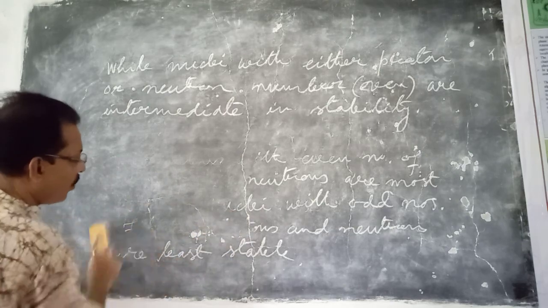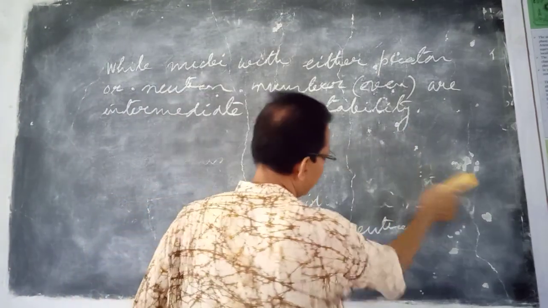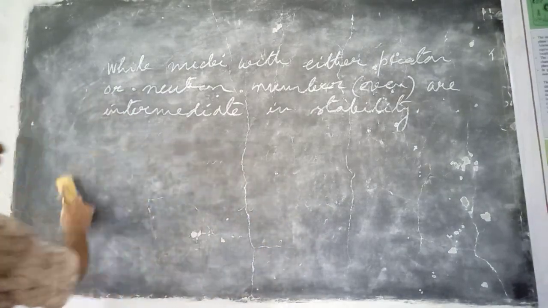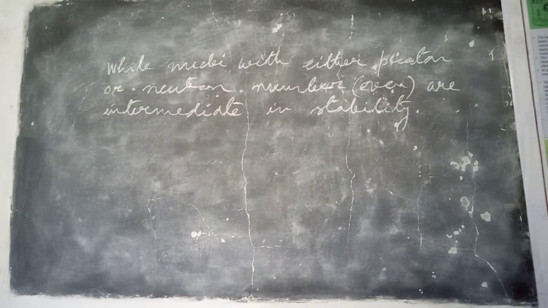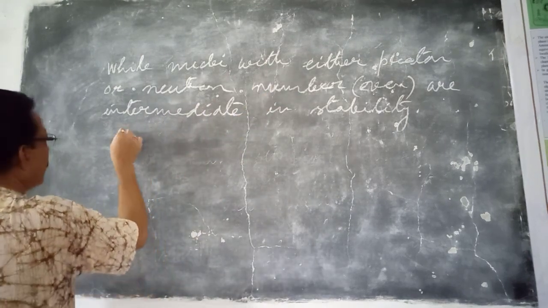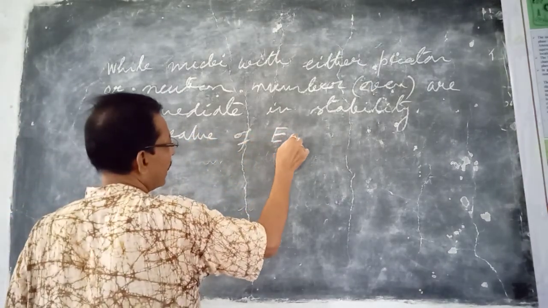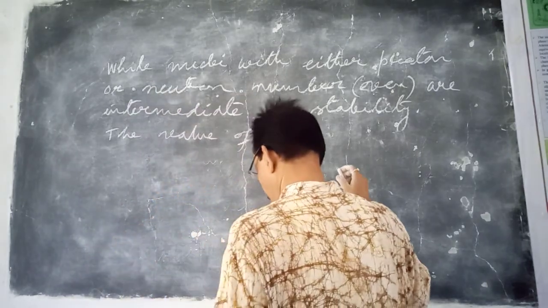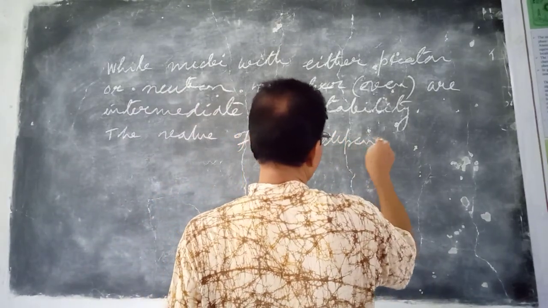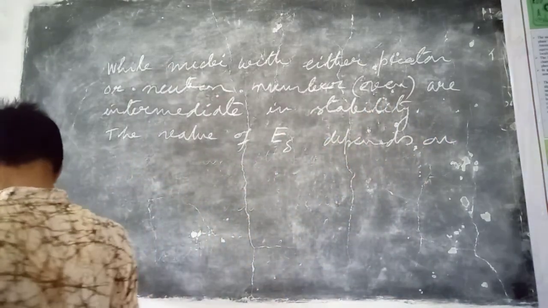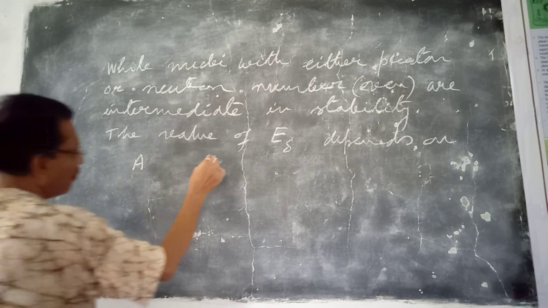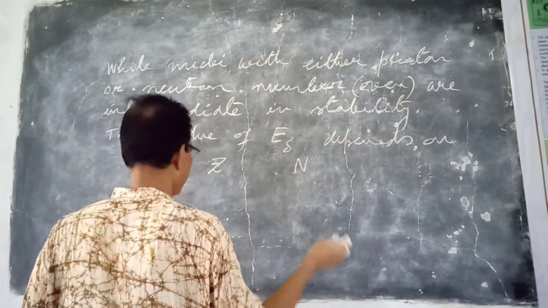So this pairing effect is also a very strong contribution in the semiempirical binding energy formula. The value of E delta, which is the pairing energy term, depends in the following way on the mass number, proton number, and neutron number.